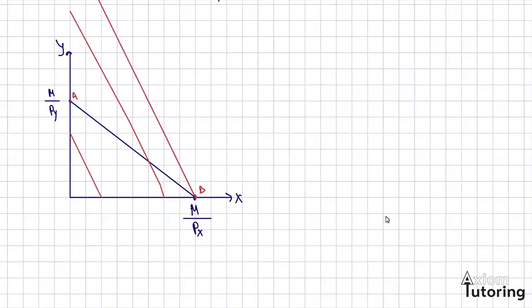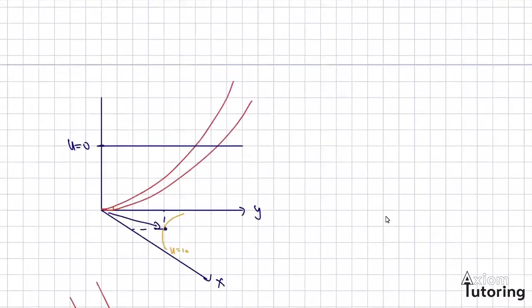So the solution here is: I had a very difficult problem. There are infinitely many points. Out of these infinitely many points, which point would give me the highest utility? It's the point on the budget constraint that sits on the highest level set or the highest indifference curve. That could be one version of the indifference curve.